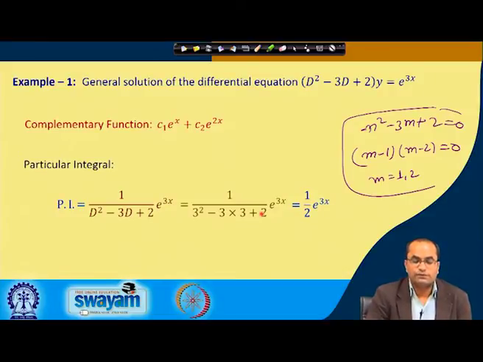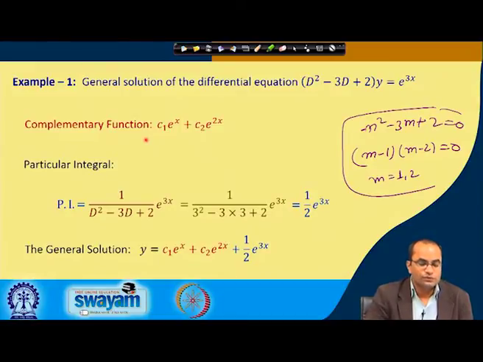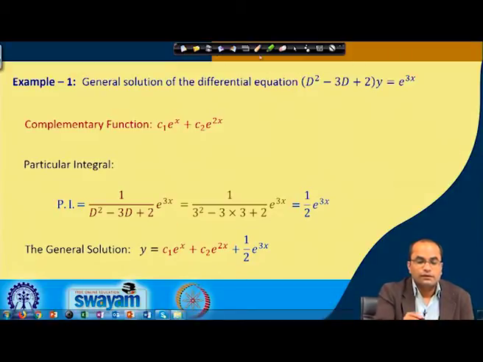So, this is a particular integral, a particular solution of the given differential equation here, and we have the general solution of the homogeneous equation, that means the complementary function, and if we add the two, we get the general solution of this given differential equation.